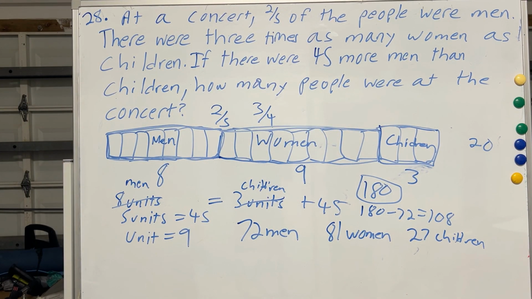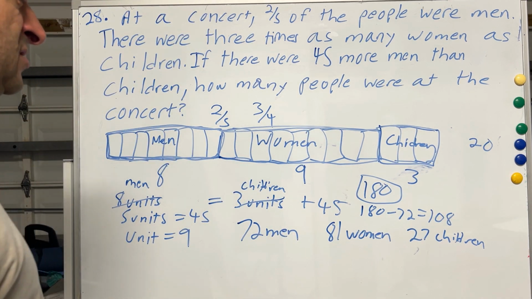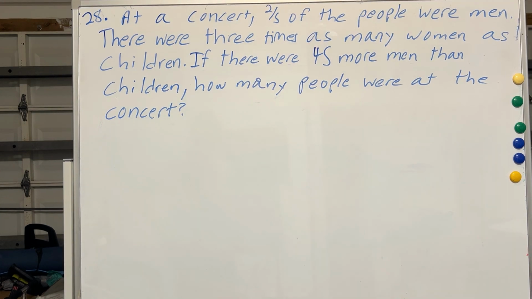And we need to have 45 more men than children. 72 minus 27 equals 45. So we know that our calculation is correct.